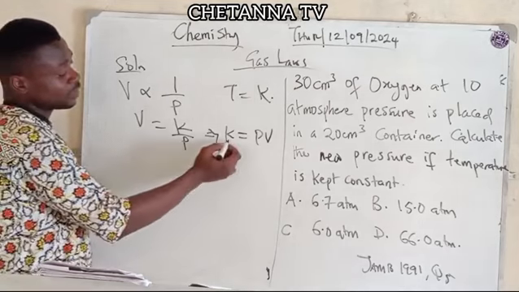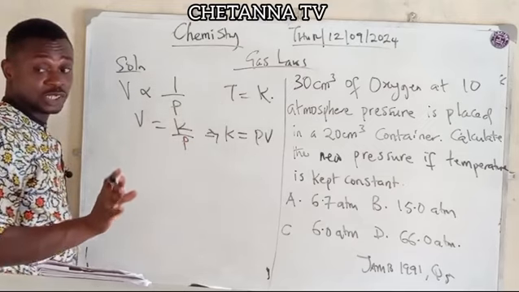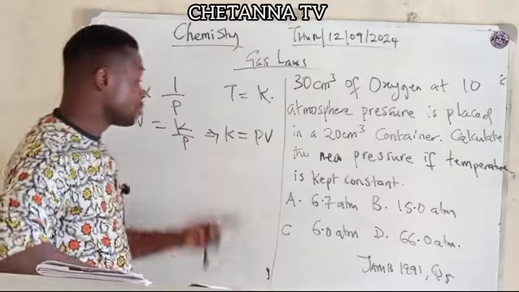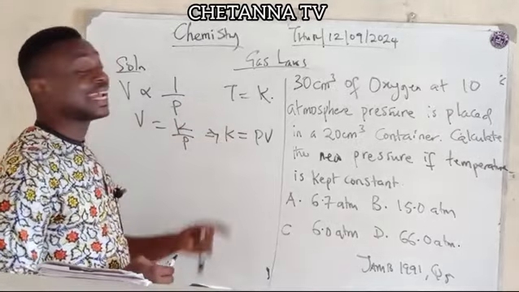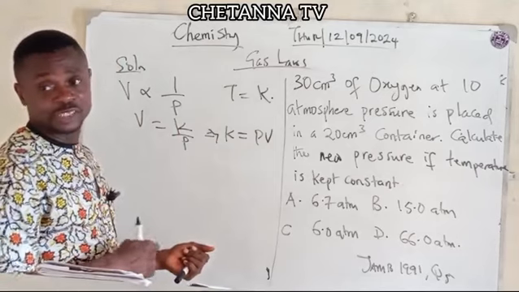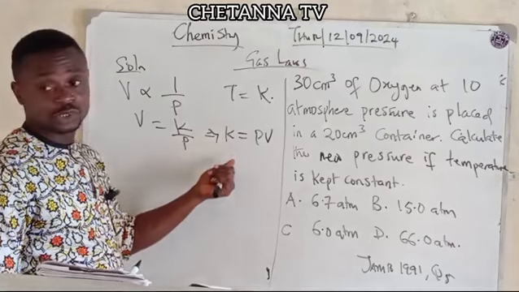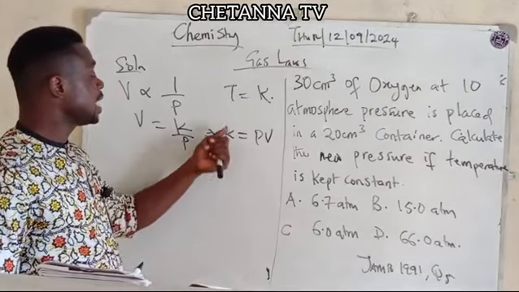Remember that this is constant. Temperature is one of the factors that should be kept constant, and there may be other factors. All of them are inside this constant K, both temperature and any other factor. But our interest is in temperature. So temperature is kept constant.